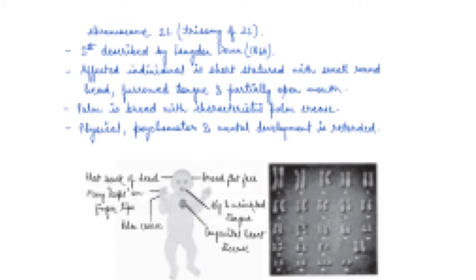And what happens here is that the affected individual is short statured, right? They have a small round head, furrowed tongue, and partially open mouth. The palm of the baby is broad, with characteristic palm creases. Physical, psychomotor, and mental development is retarded.